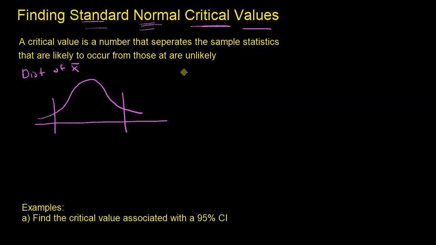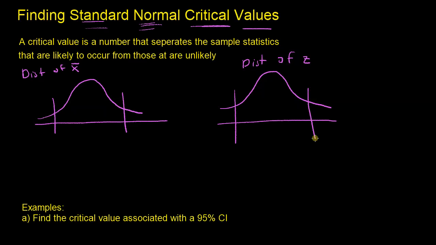So instead of the distribution of x bar, in this video we're going to focus on the distribution of z. Our critical values will be two critical values. The notation for them is negative z alpha divided by 2 and z alpha divided by 2.